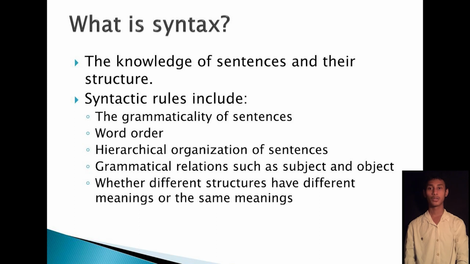And next, we will discuss syntax. Syntax is a branch of linguistics that studies grammar and morphology. Syntax studies how sentences form, the internal structure of the sentence.